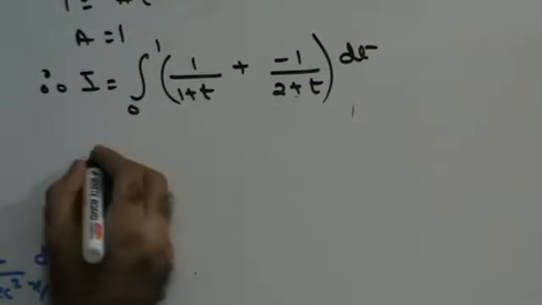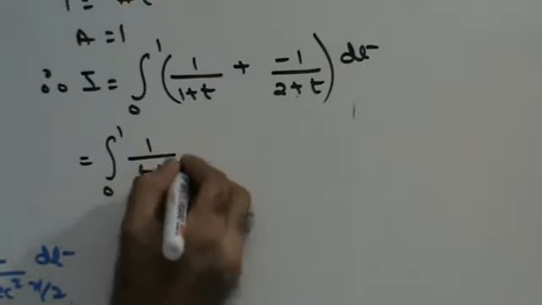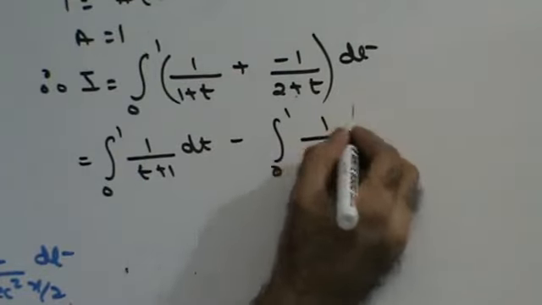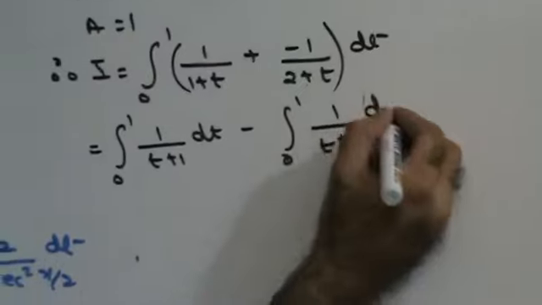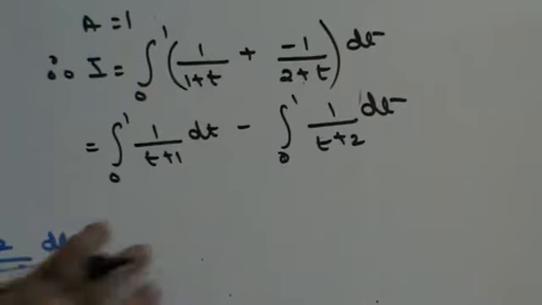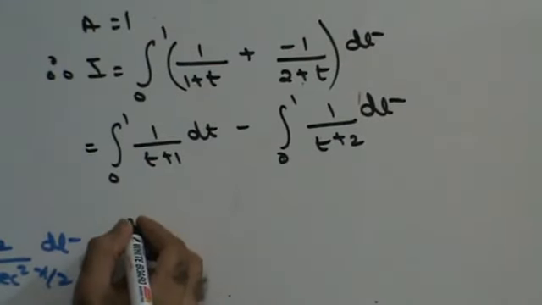Split the integral. So this is going to be the integral from 0 to 1 of 1 upon t plus 1 dt minus the integral from 0 to 1 of 1 upon t plus 2 dt. Integral of 1 upon ax plus b is 1 upon a log mod ax plus b.